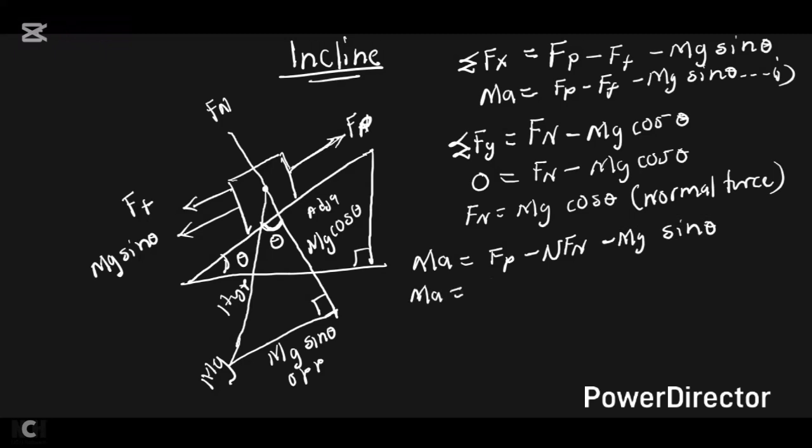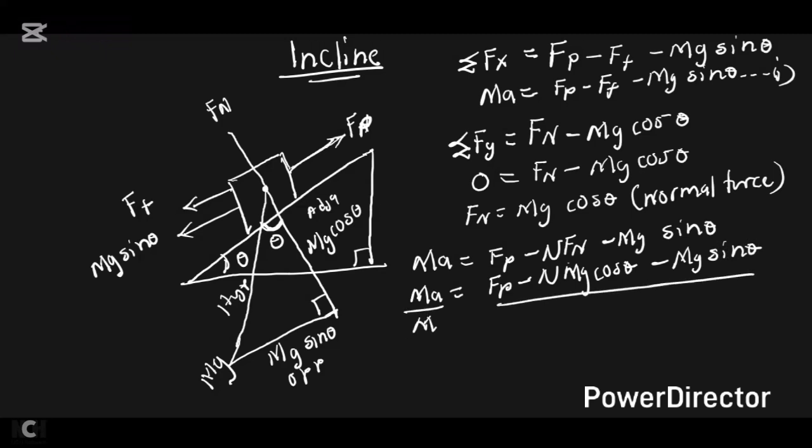So what's the ma here? Ma is equal to F minus mu times the normal force, which you replace with mg cos theta, minus mg sin theta. Then what you end up with is something like this.